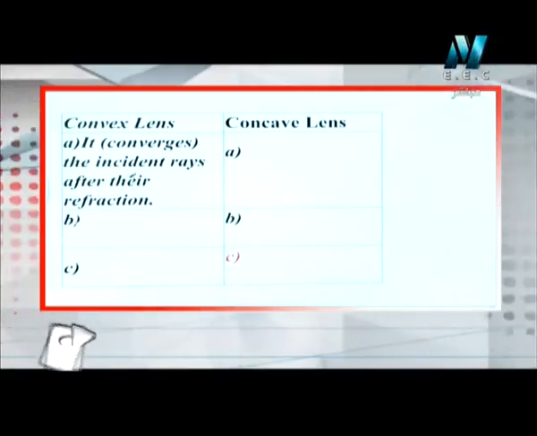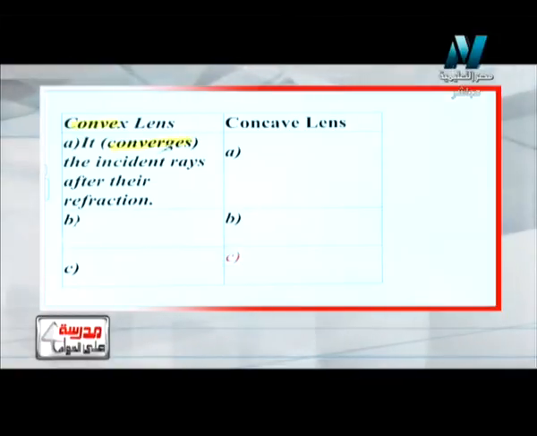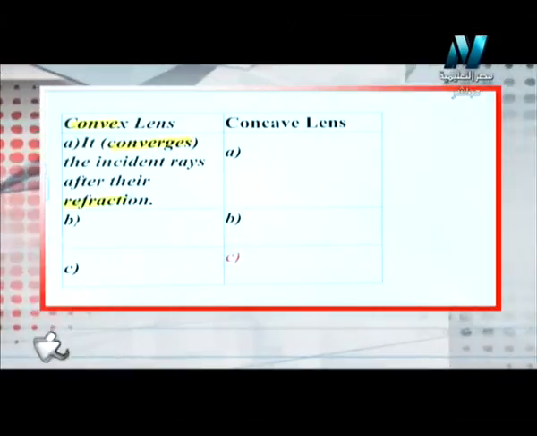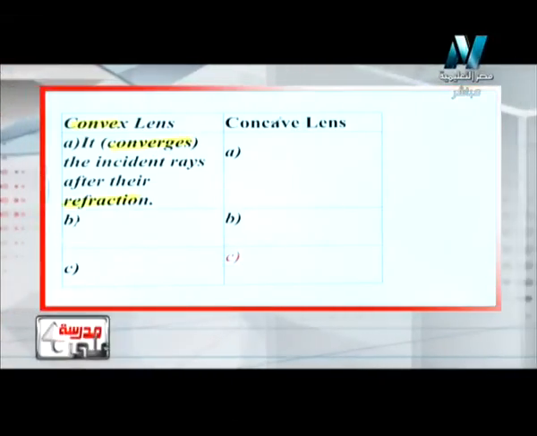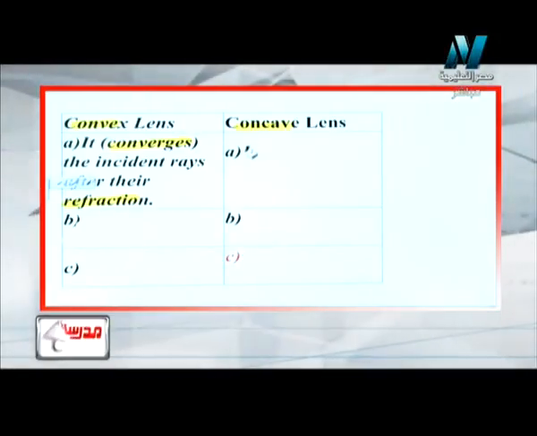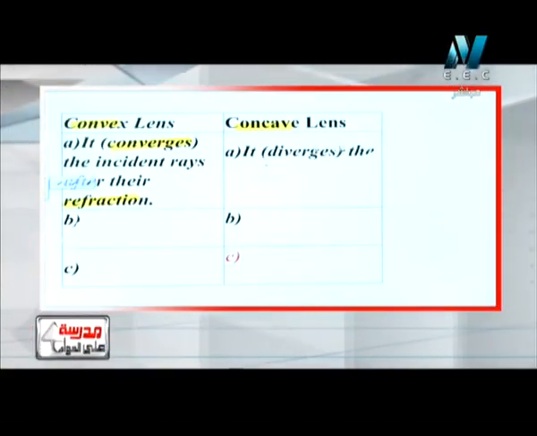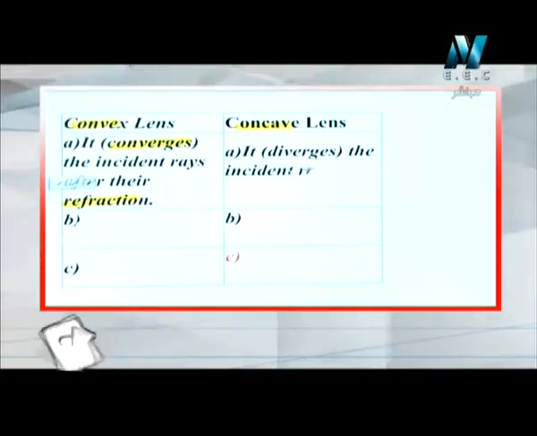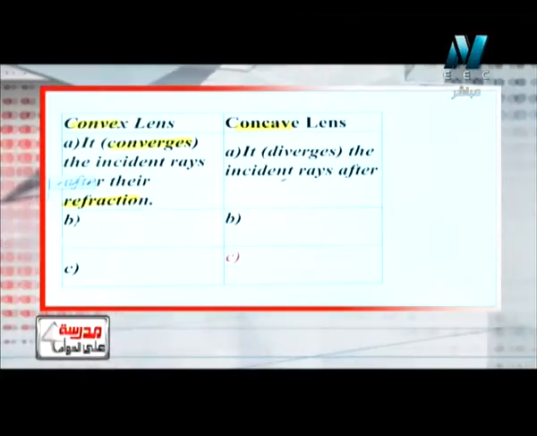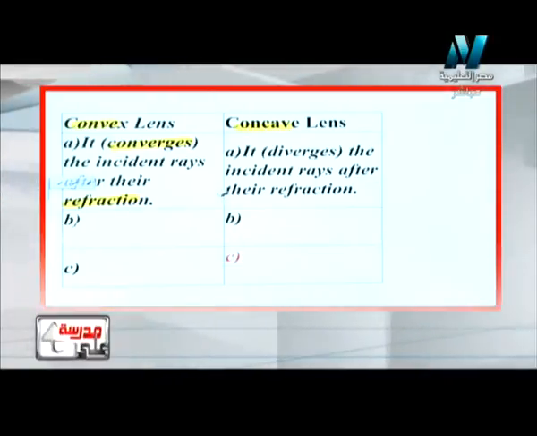So the convex lens converges light rays after refraction. While at the same time the concave lens diverges the incident rays after their refraction.